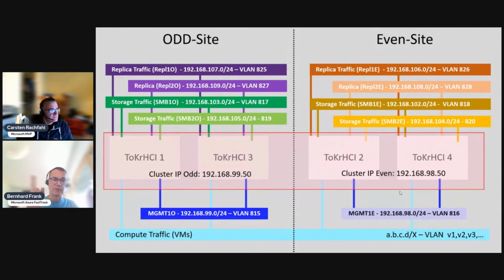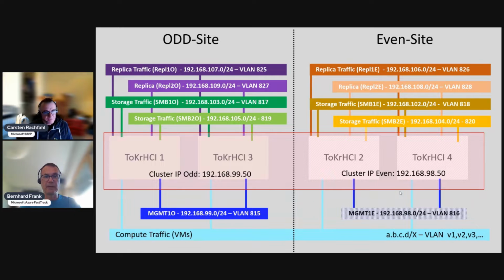Whoever owns the cluster role, whether a node on the odd side or the even side, this IP address is made online. We can't have a stretched IP address that works on both ends. We need an individual one on either network. So long story short, for a stretch cluster, we need two management IP addresses.